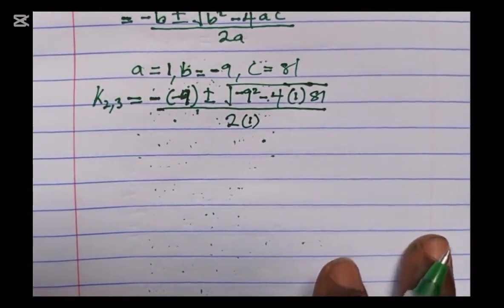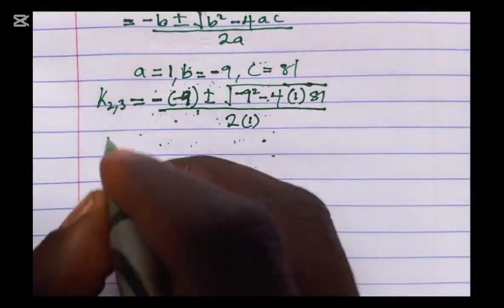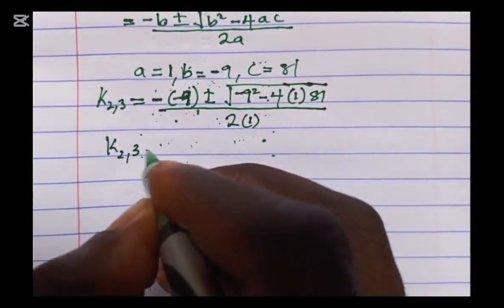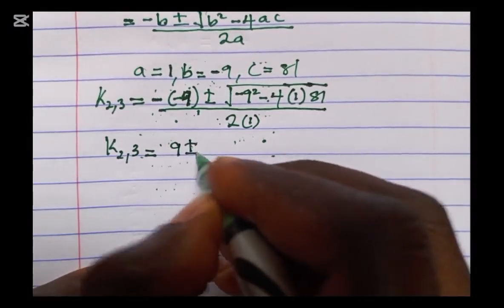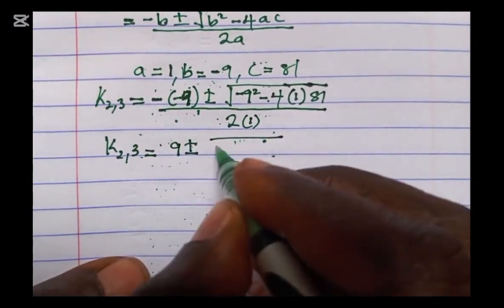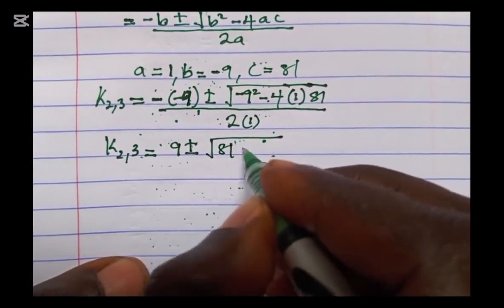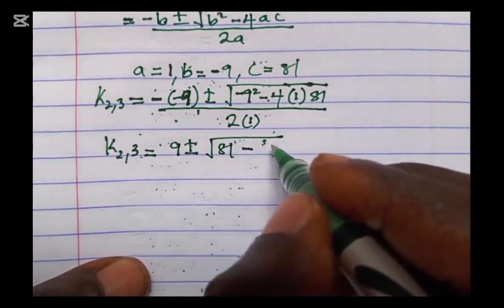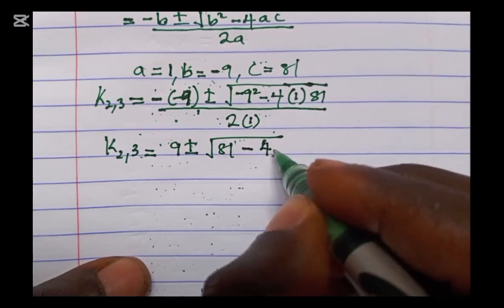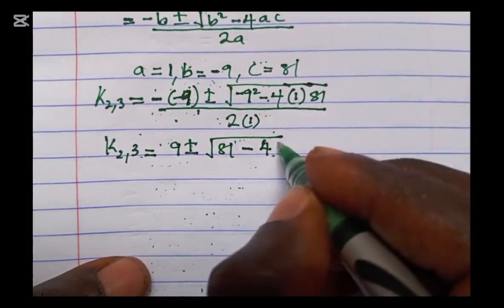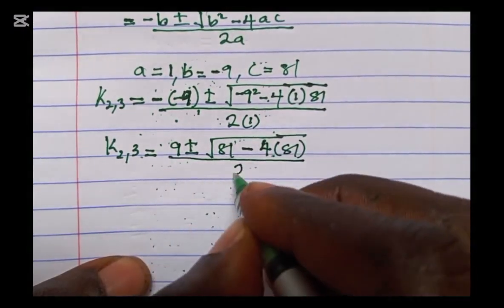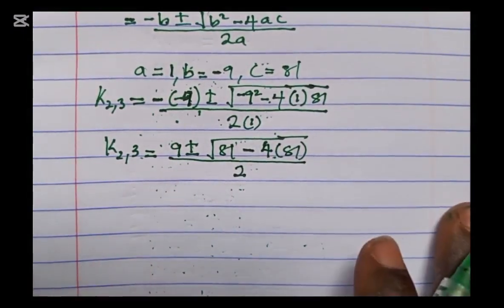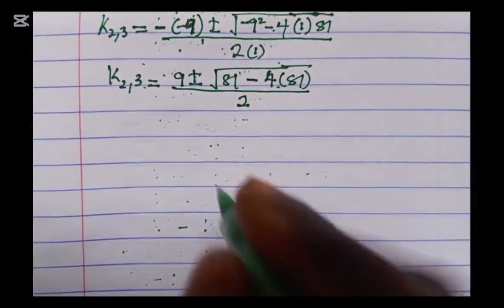So from here, we can easily say our k, either k2 or k3, will now give us 9 plus or minus the square root of 81 minus 4 times 1 times 81, that's 81, all divided by 2. So what do we do next?